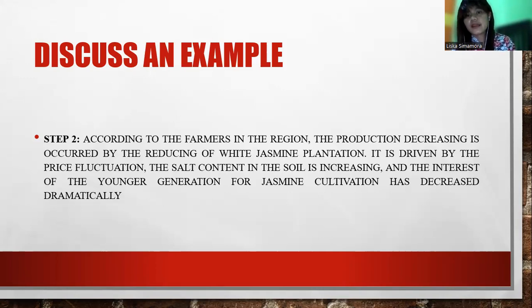It means they can be guaranteed money every month, compared to the white jasmine plantation. They don't know whether the price will be increasing or decreasing, so they feel that white jasmine plantation is not stable.